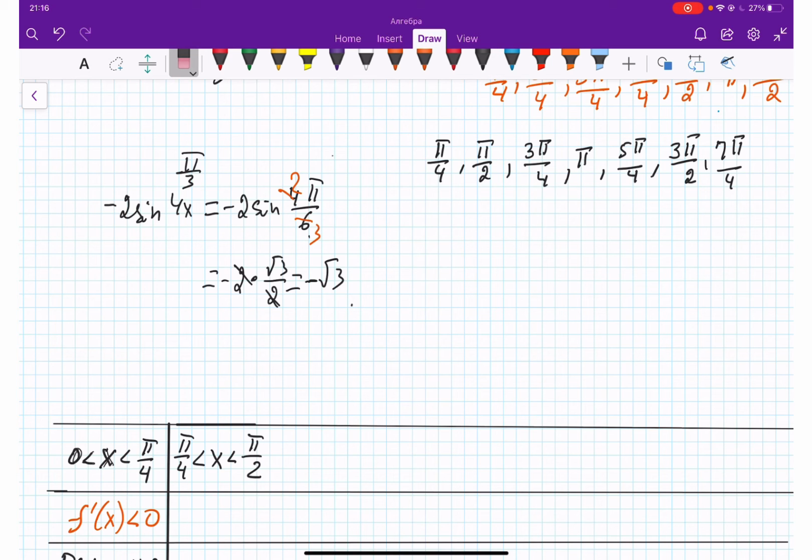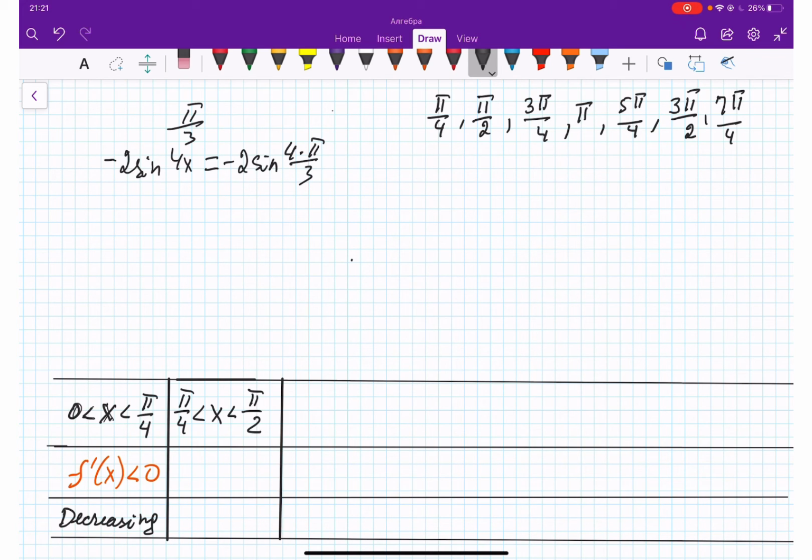So we will have four times pi over 3, and the sine of 4 pi over 3 is negative square root 3 over 2, times negative 2. The result itself is not interesting. What is interesting is that we are getting a plus sign. That means f prime of x is greater than 0, which means the function is increasing.